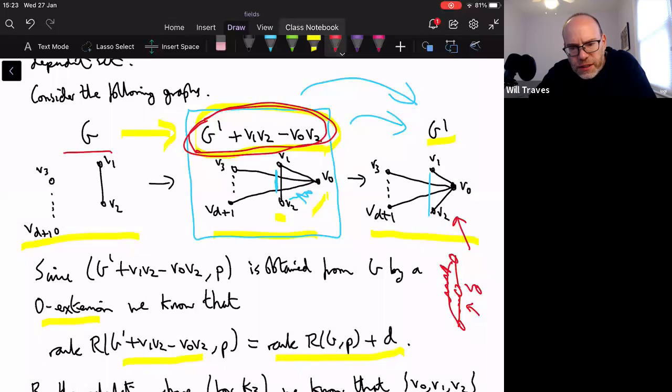But the rest of the graph does involve V0, right? There are lots of edges that connect to V0. So I don't quite see why you know that this is not increasing the rank.